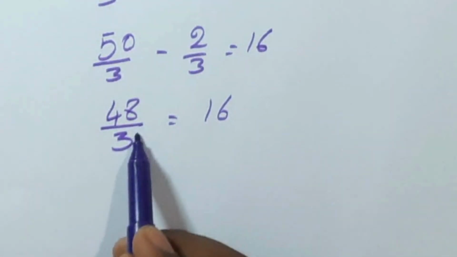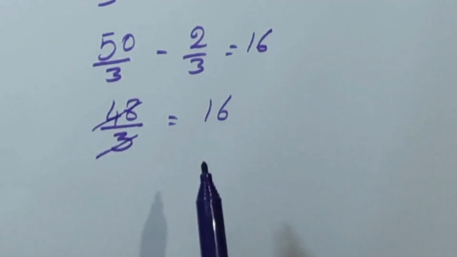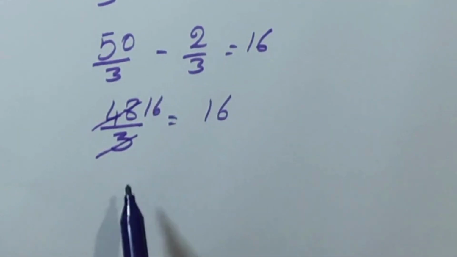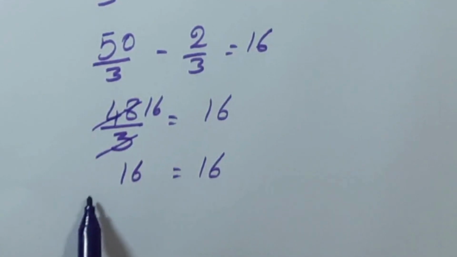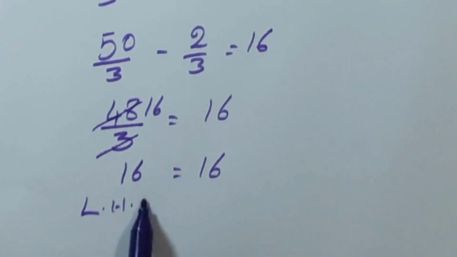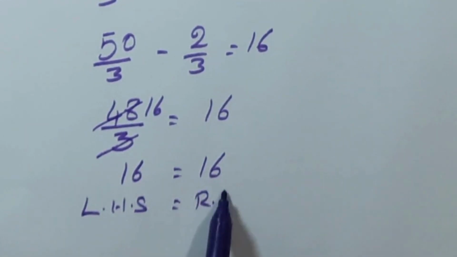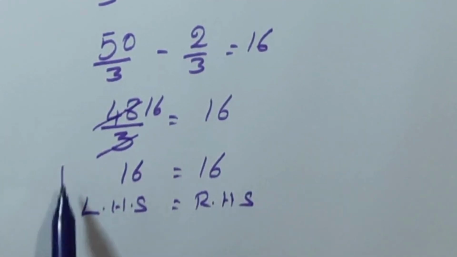Now simplify this, get 16. So 16 equal to 16. So LHS equal to RHS. Thus verified.